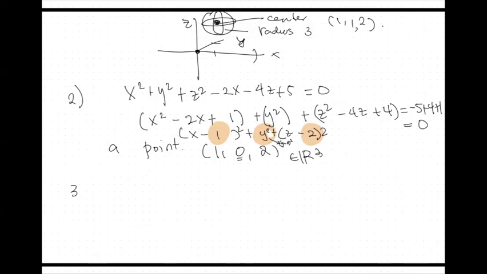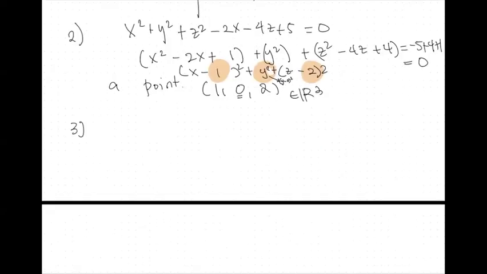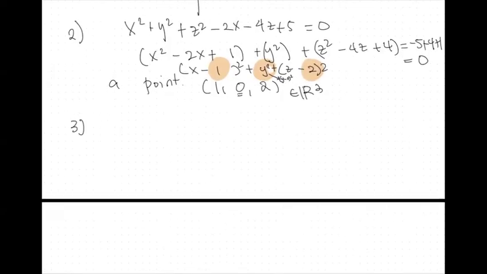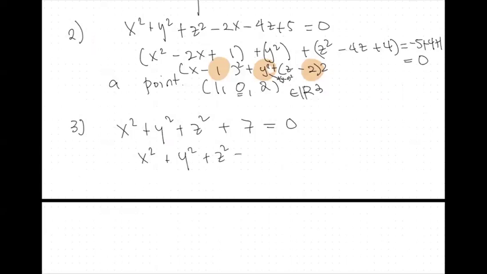And the last example, if we have x squared plus y squared plus z squared, I'll make it easy, plus 7 equal to 0. So we get x squared plus y squared plus z squared is equal to negative 7.